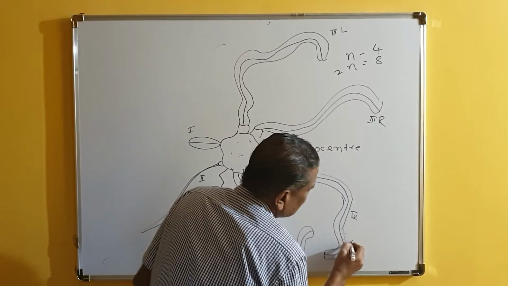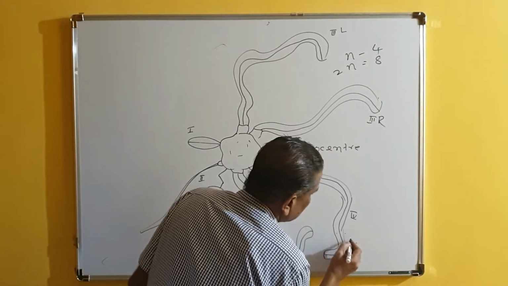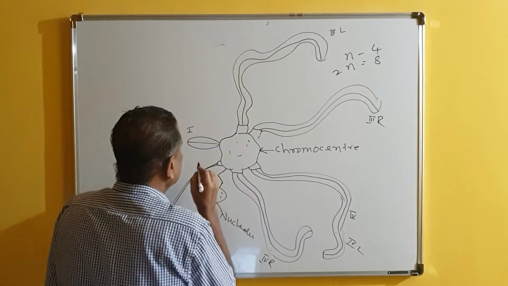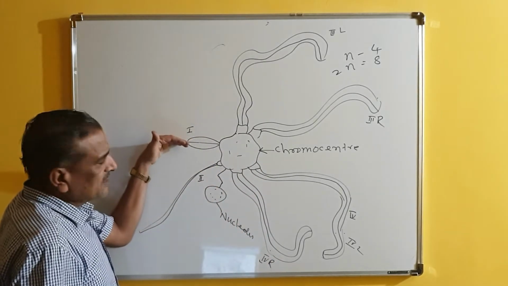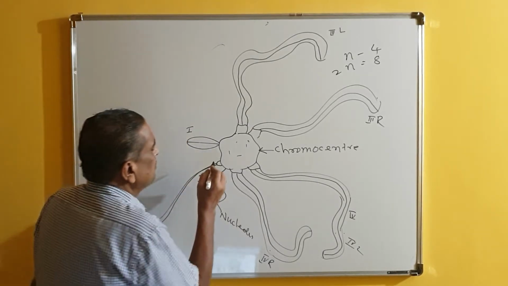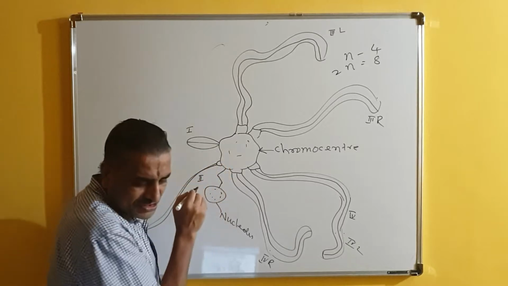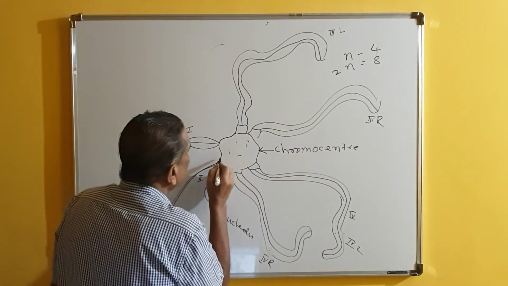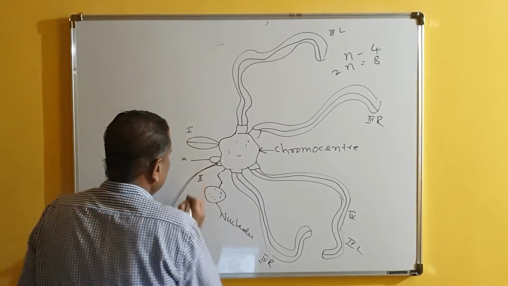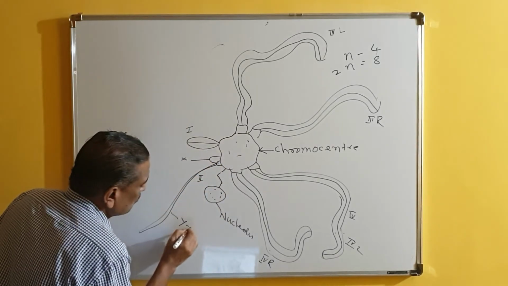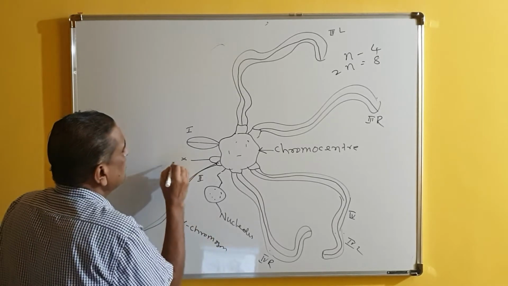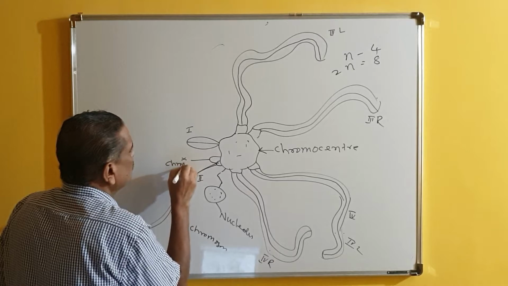This is fourth left arm, and this is fourth right arm. You can see here first chromosome, second chromosome, and you will find one more structure here. So this is X chromosome, and this is Y chromosome, and this is X chromosome.